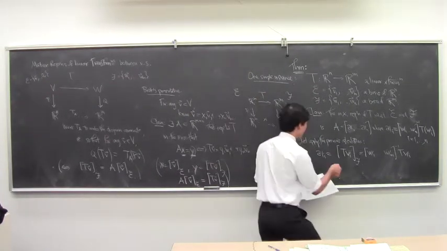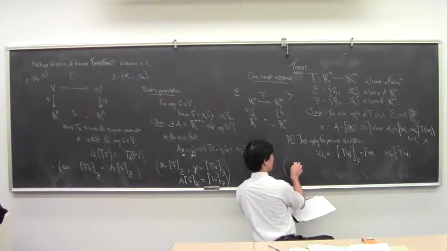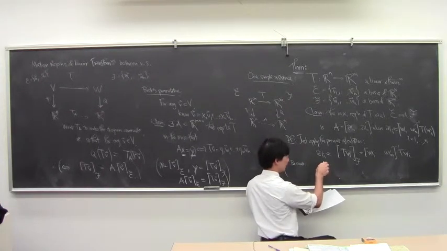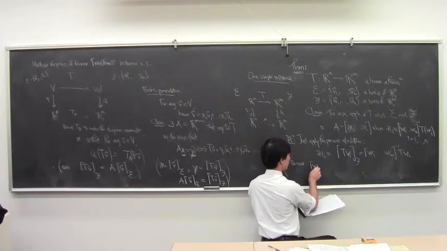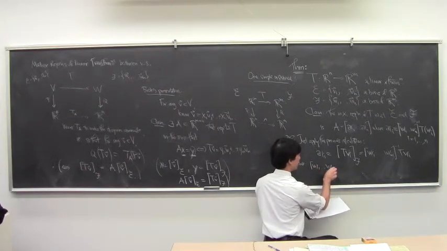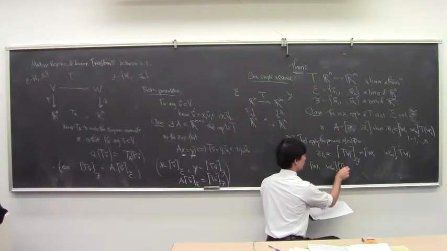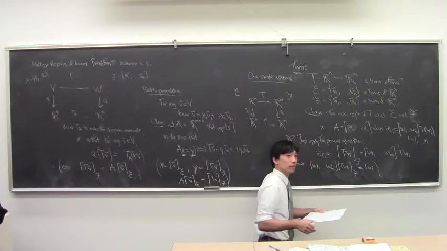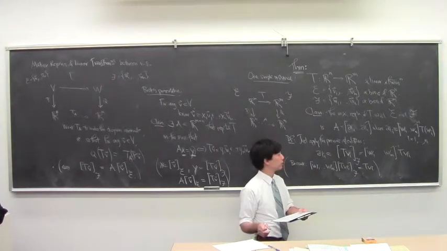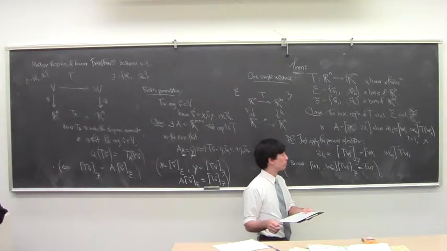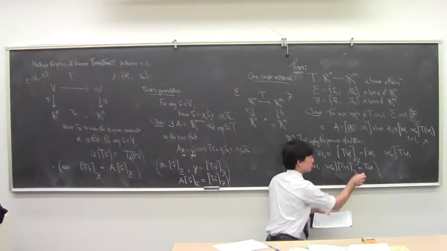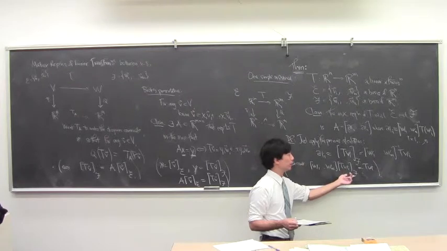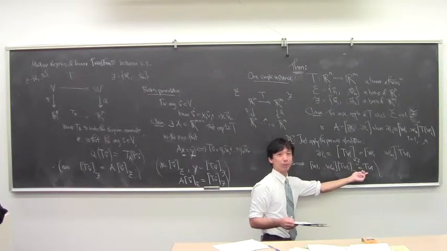Just to remind you, and myself actually: [w1 ... wm] times the coordinate vector of Tvi with respect to F is Tvi. So the coordinate vector of Tvi with respect to F is going to be you invert this thing and multiply on both sides by it.